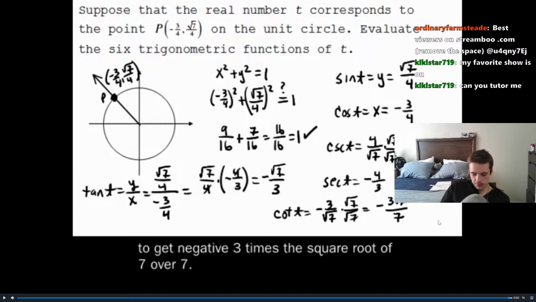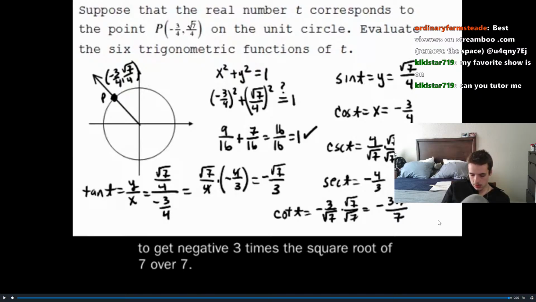Cosecant goes along with sine. So we have 4 over square root 7. But we can't have a square root on the bottom. So you have to multiply by square root 7 on both sides, which gets you 4 square root 7 over 7.